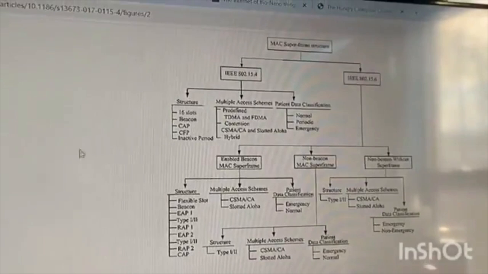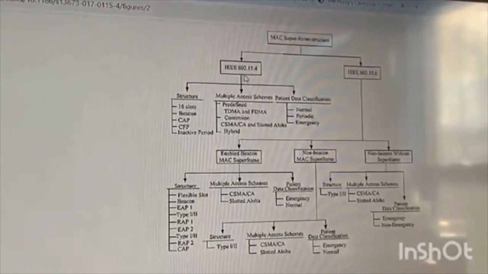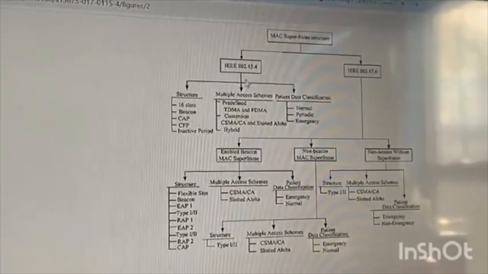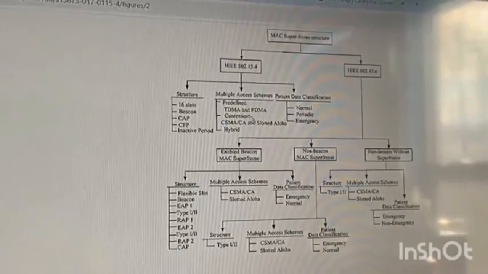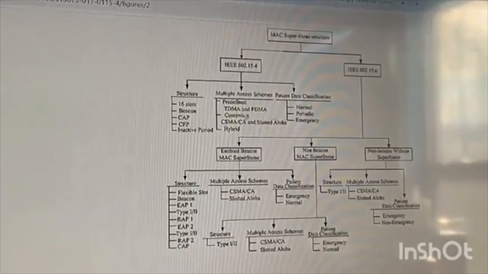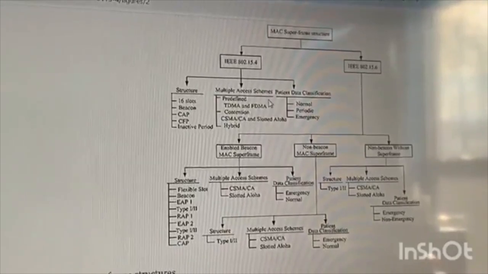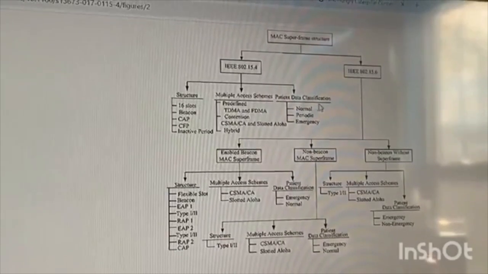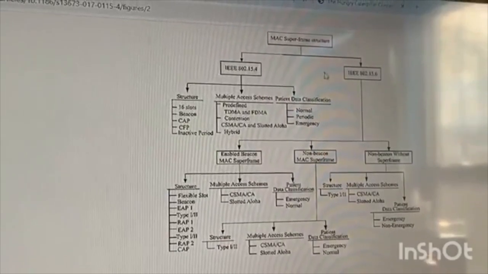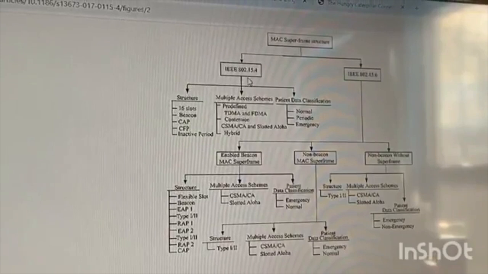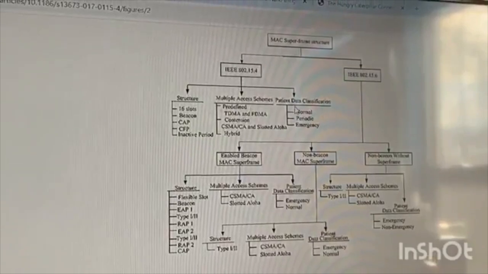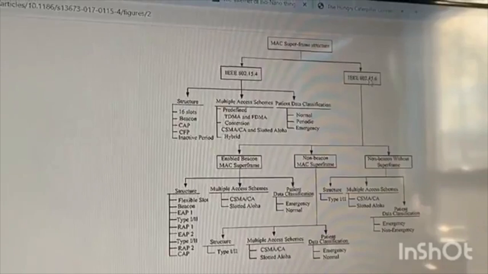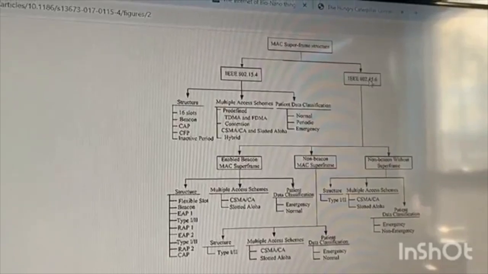As you can see here on the left, it says 802.15.4. If you follow the arrows, it'll give you the different multiple access schemes, patient data classification, and the structure. This is the intra-body networking, so it's smaller, with fewer options for the MAC IDs, of which there can be more than one at a time.